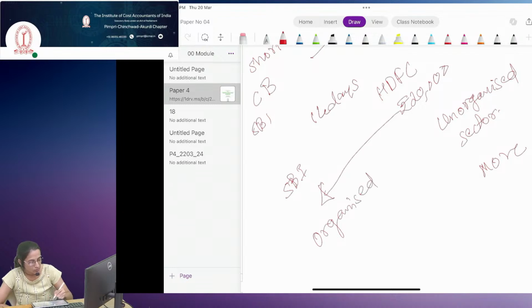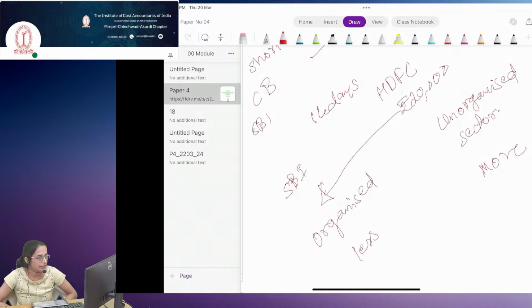When the unorganized sector is in a larger proportion than the organized sector, the Reserve Bank only has control over the organized sector, right, Sheila? So the most part of the money market is unorganized sector.